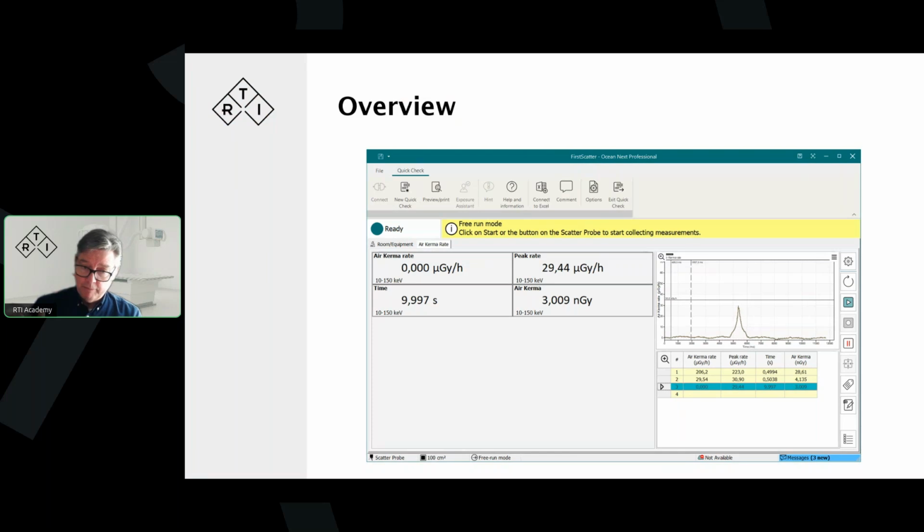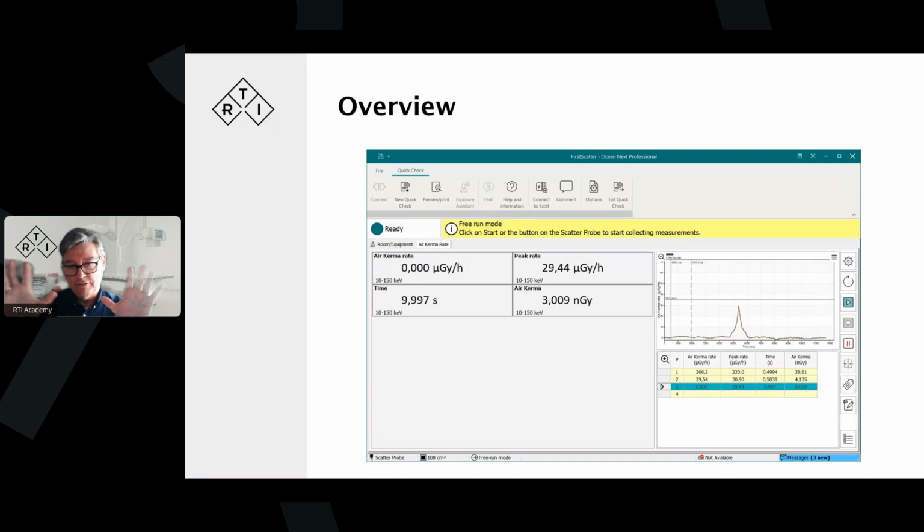I don't know, but maybe that could be the case, that it was drifting. It wasn't picking up anything, it was just drifting and then arriving at 0.04 per hour. That could be the case, because the scatter probe was detecting nothing, not even in a free run mode. So that would be my guess, of course. I might be biased, but that could be an explanation that they're showing different things.